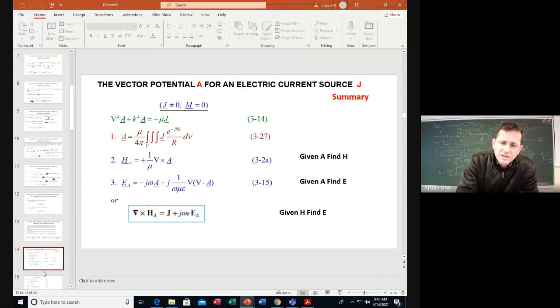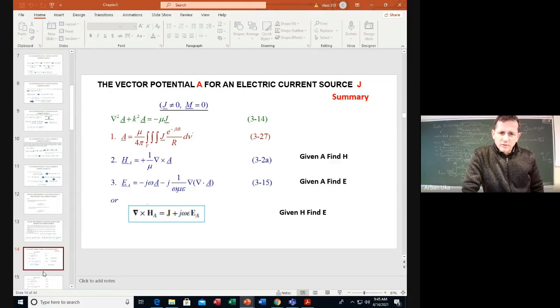The summary tries to find what A is whenever the current density is different from 0 and the magnetic current density M is equal to 0. And we get equation 3.14. The solution of 3.14 is equation 3.27, which we see here.